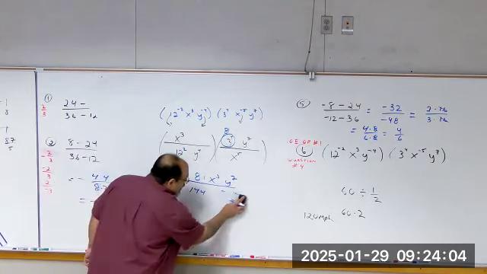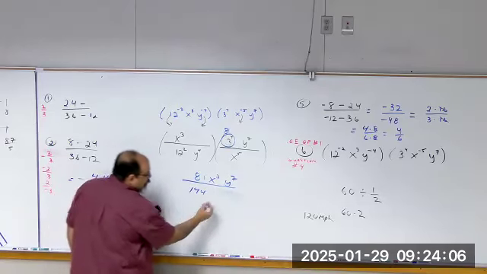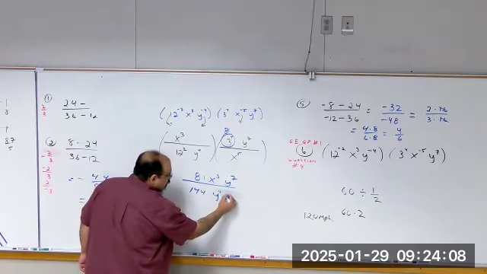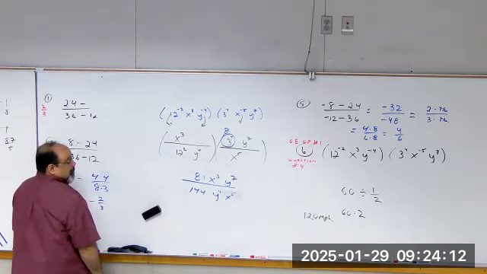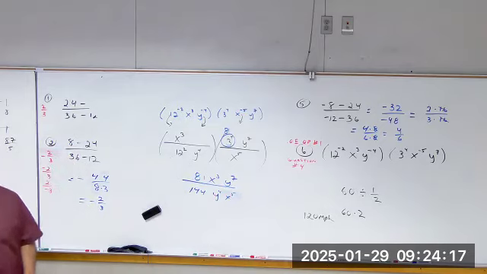Now, is it wrong if I put y to the 4th and then x to the 5th? If I do that, is that wrong? No. No. However, why not use the alphabet to your advantage? If you put things in a nice order, you might see how things reduce a little bit better.